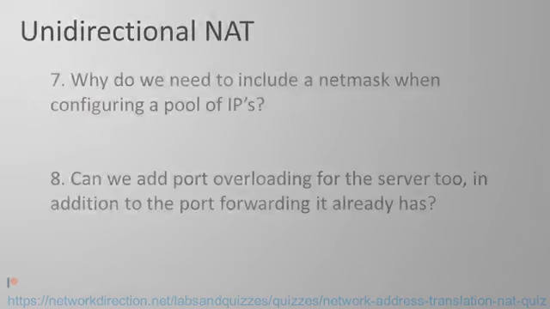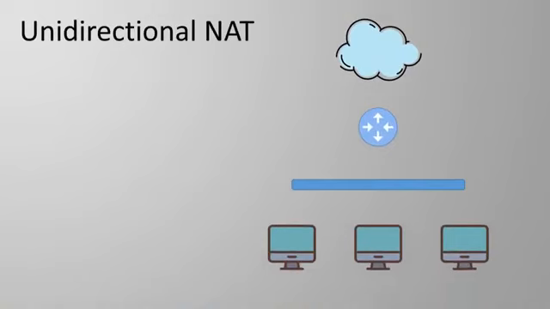Earlier we spoke about bidirectional NAT, where traffic can be initiated from either the inside or outside of our network. Port overloading behaves differently. This is an example of unidirectional NAT, where traffic must be initiated from inside of the network. Return traffic is fine, of course, but the connection needs to start on the inside. Why is this?